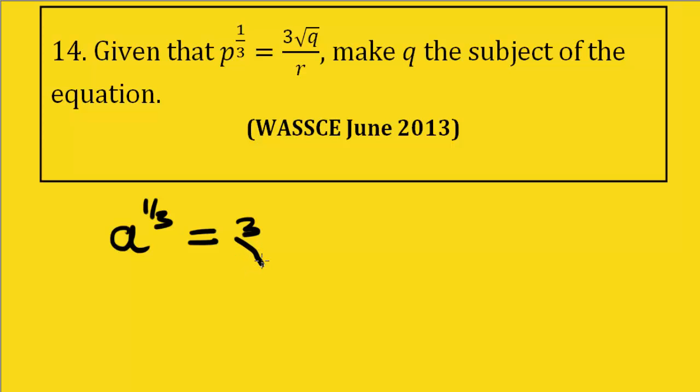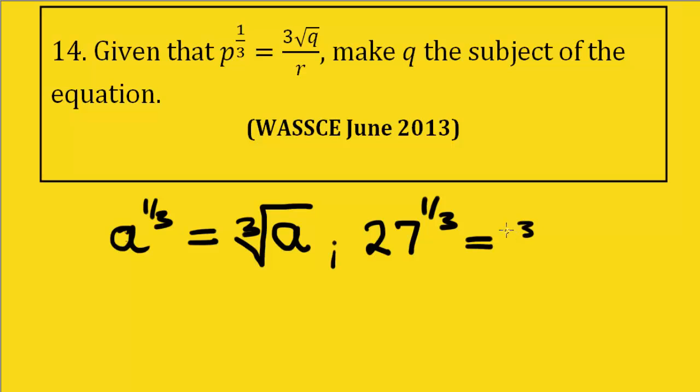The cube root of any term is the same thing as raising that term to the power of 1 over 3. So 27 to the 1 over 3 is the same thing as the cube root of 27. You can easily find cube roots on your calculator if you have a good enough calculator.